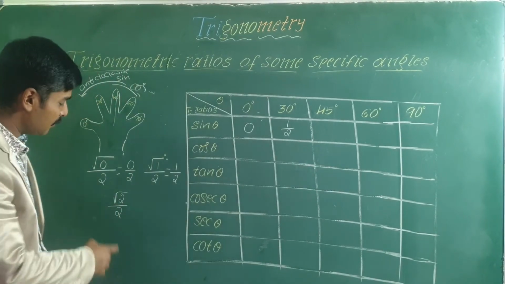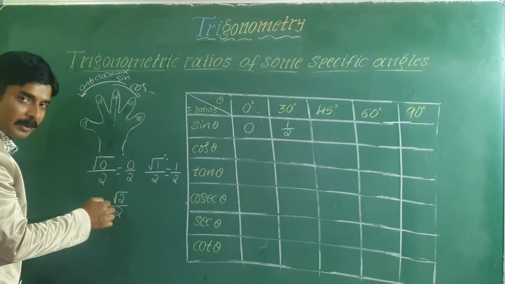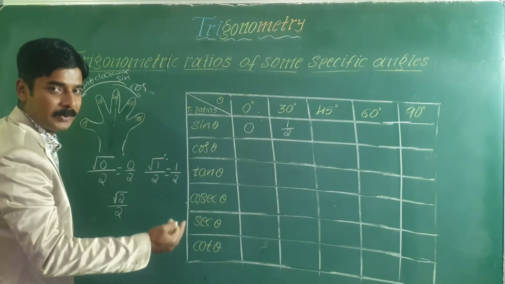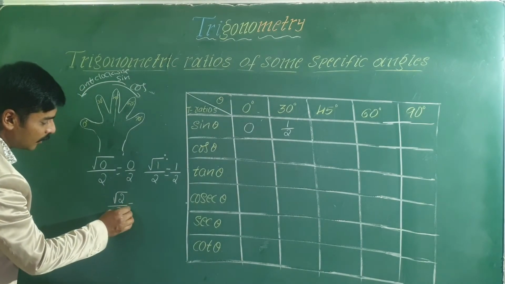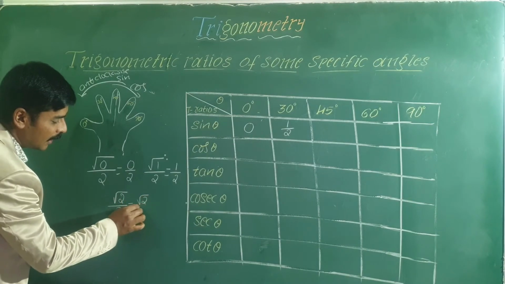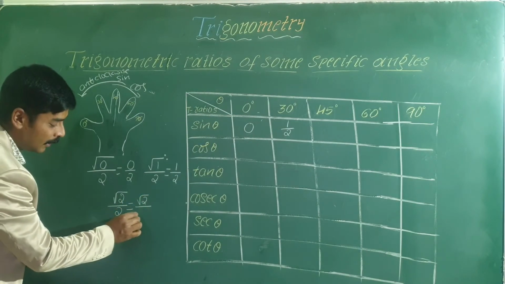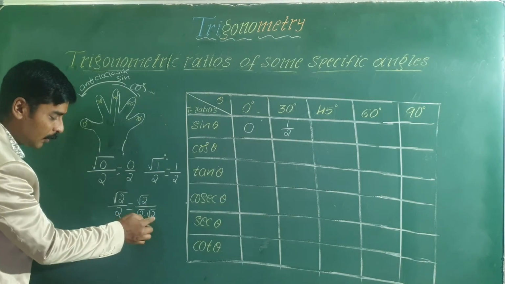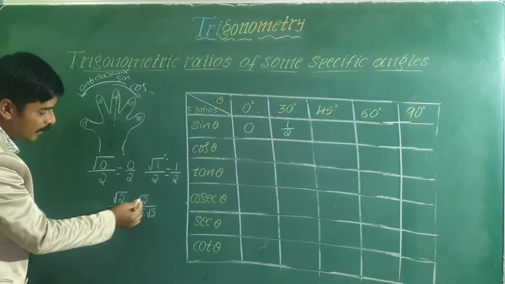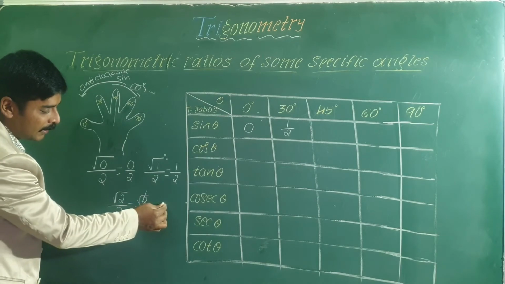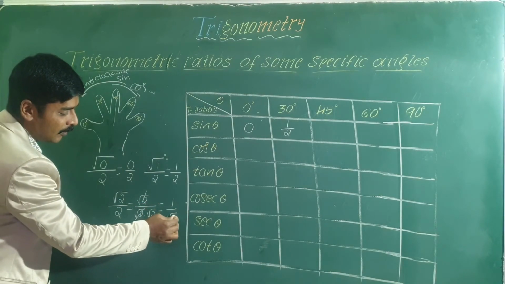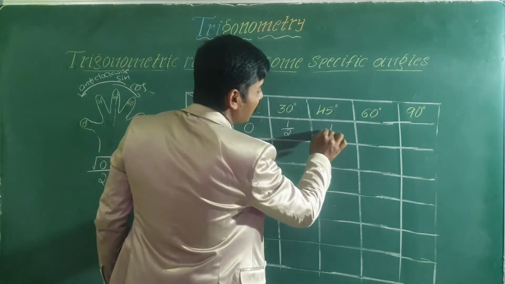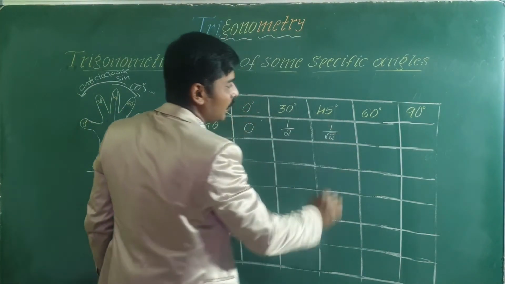But if I simplify this and reduce it to the simplest form, then it will be very easy for you to remember and use in problems. I can write 2 as root 2 into root 2. Therefore, root 2 will get cancelled. So remaining is 1 by root 2. So sine 45 degree is 1 by root 2.